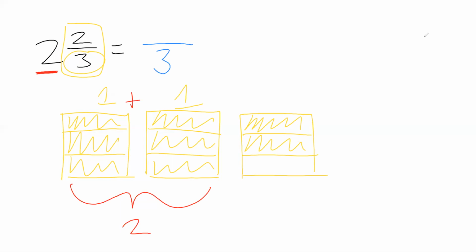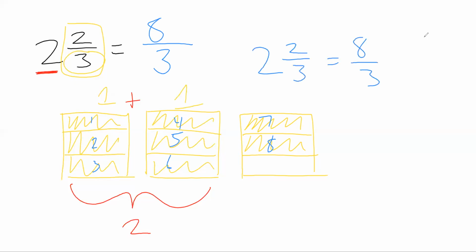So it's still thirds, but how many thirds is it? Well, I got 1, 2, 3, 4, 5, 6, 7, and 8. I have 8 thirds. So again, 2 and 2/3 is equivalent to 8/3 as a top-heavy fraction. These are the same things. It's just I'm showing them in 2 different ways.